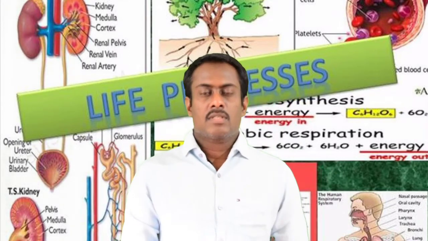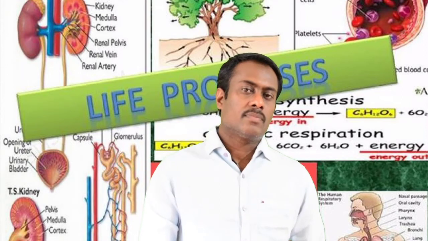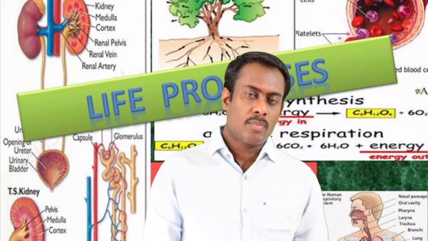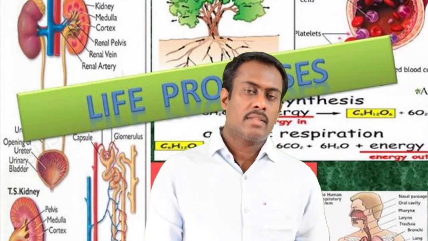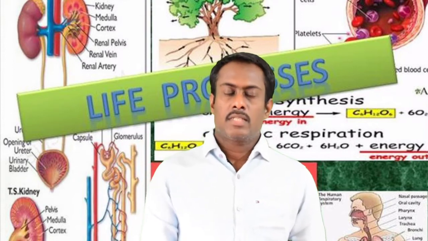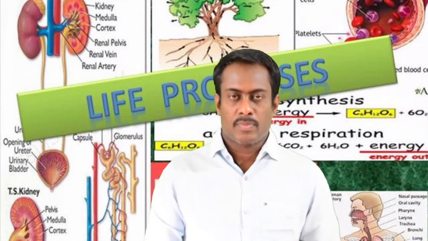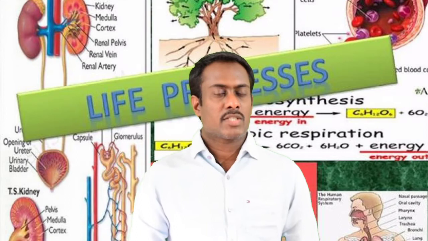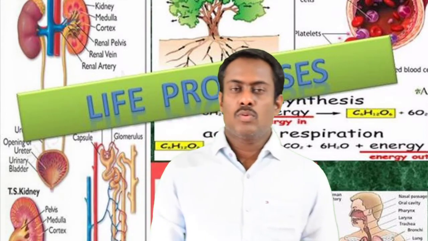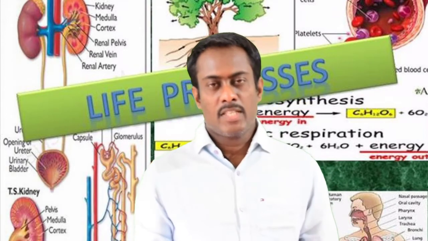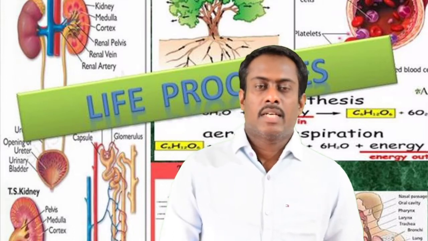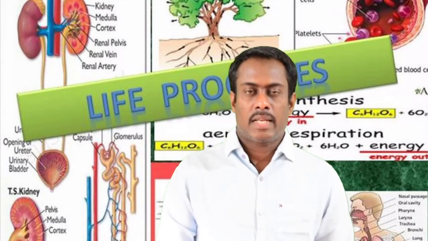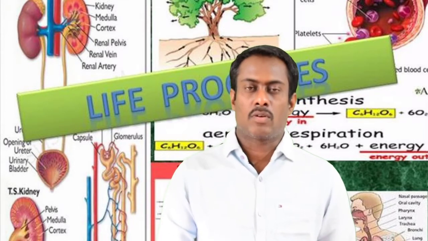For that purpose, there is another system in complex organisms, known as the excretory system. The main function of the excretory system is to remove the waste products that are formed during the life processes in a living organism.